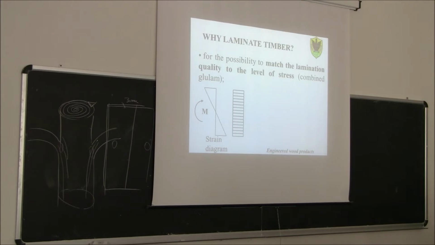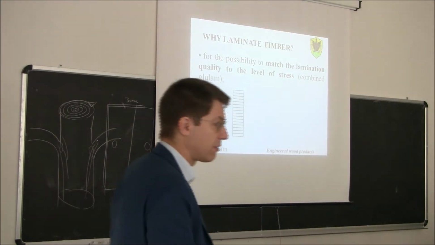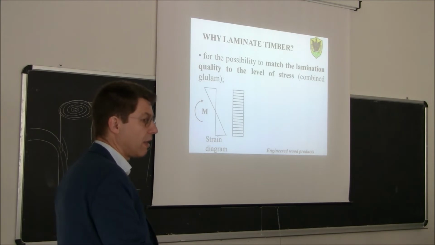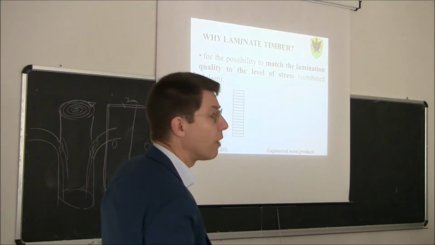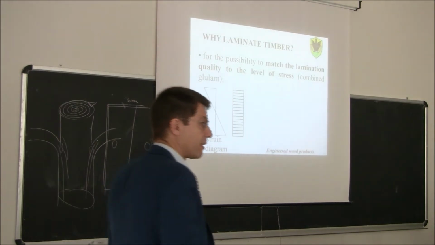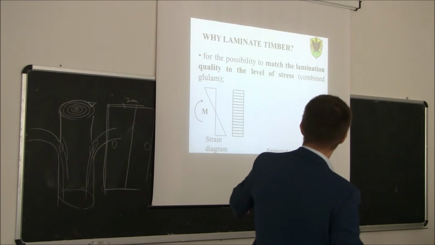Theoretically we should consider a limit plasticization in compression, but this would make it too complex, so conventionally I consider just a purely linear elastic distribution of stresses, like you learn in mechanics of materials. So the Navier formula, okay?